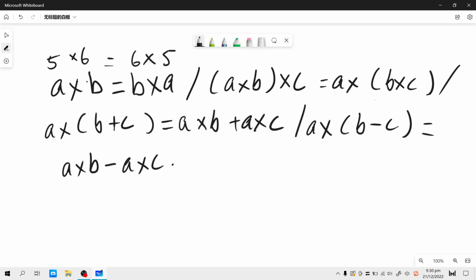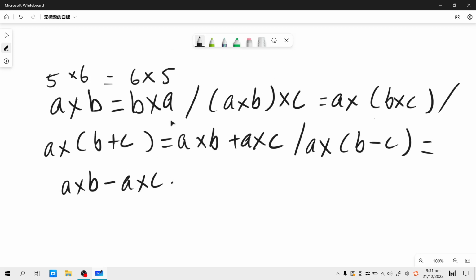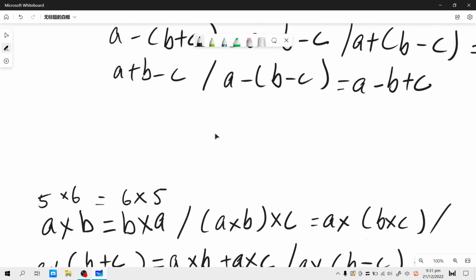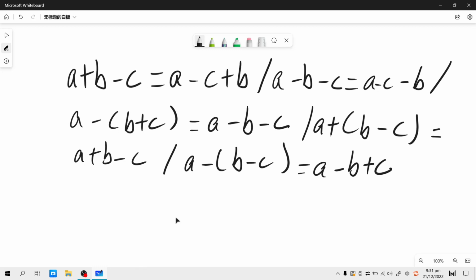So these are the four equations you need to remember that include multiplication with some minus and plus signs. These two kinds of equations, as I said, you need to memorize.